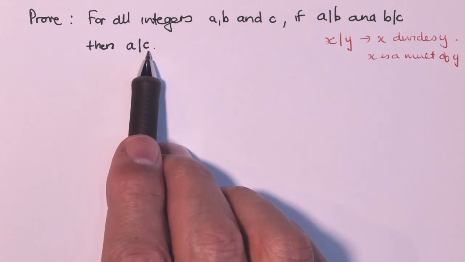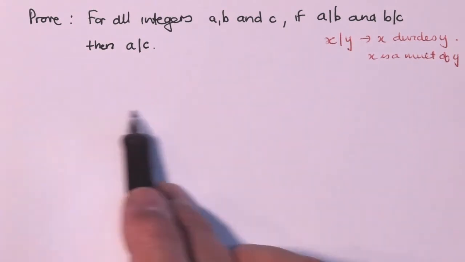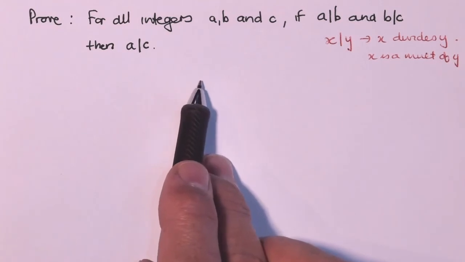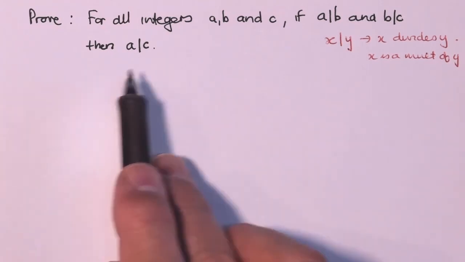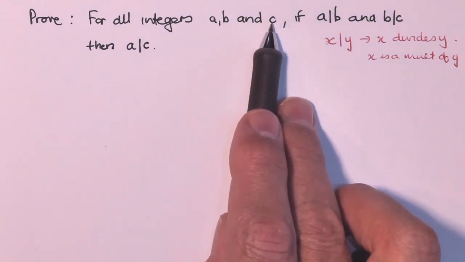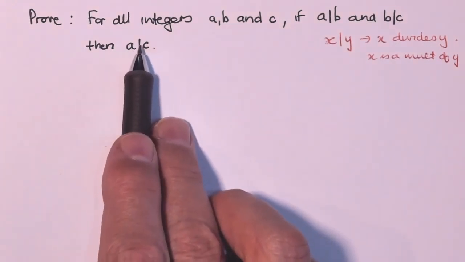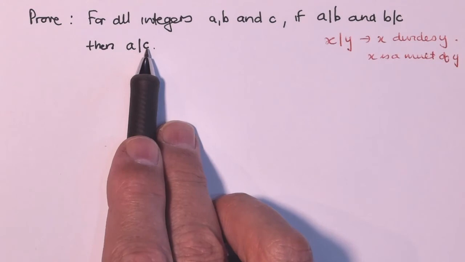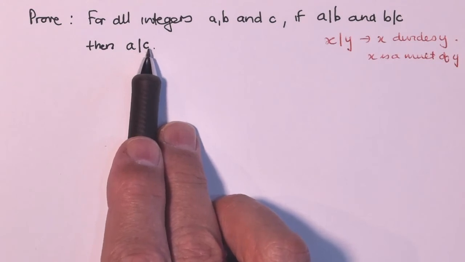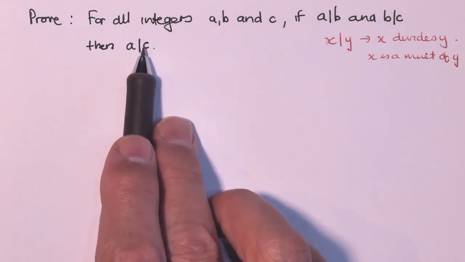Now that's the structure of the proof. The reasoning is what is important. So the dot, dot, dot part is what I'm going to focus on now. We say that our hypothesis, a divides b and b divides c, really means what it means, and why this gives us the conclusion that a will divide c, and what that conclusion then means.